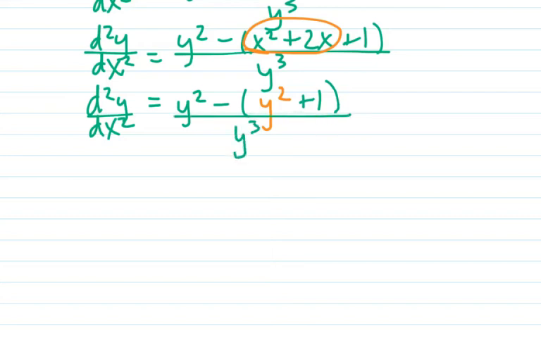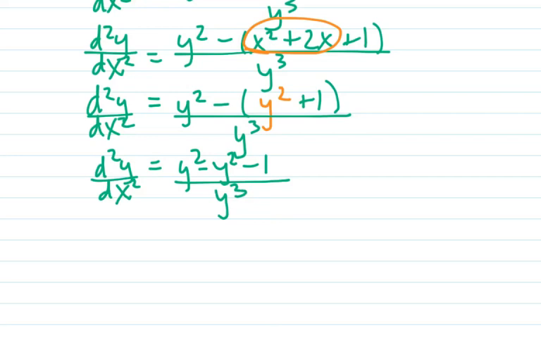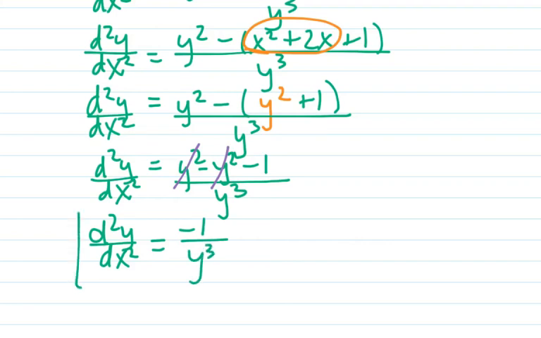And you can see why this is going to make our answer look a lot nicer. Because really, I'm going to have y squared minus 1 all over y cubed, and those magically disappear for me and leave me with a second derivative of -1 over y cubed.